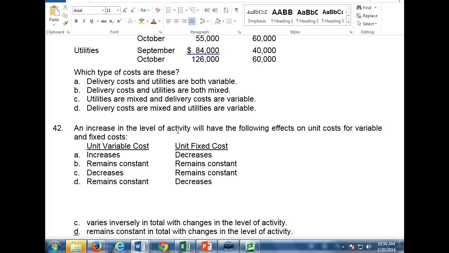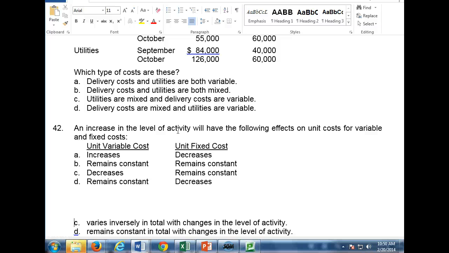If we produce 100 units, we have 100 haircuts, and our variable costs are $5 a haircut. So our variable costs here are $500, right? If we do 1,500 haircuts at $5, now our variable costs are $7,500.